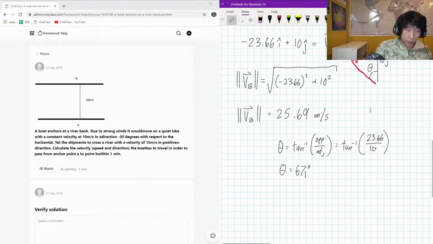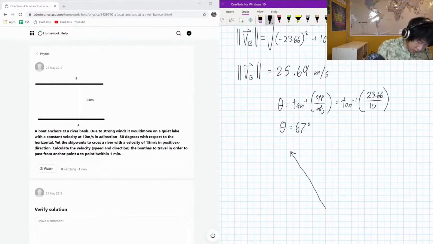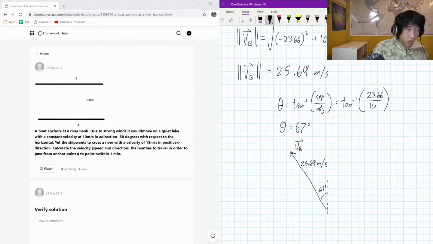counterclockwise from the vertical. Okay, so our final VB vector is going to look a little something like this. This angle, 67 degrees, and the magnitude is 25.69 meters per second. Okay, this is what our velocity of our boat will need to be. Which kind of makes sense.